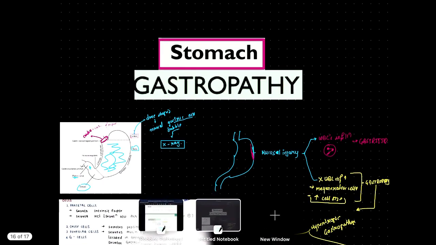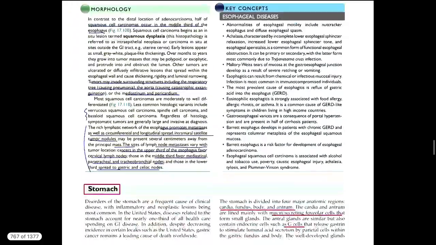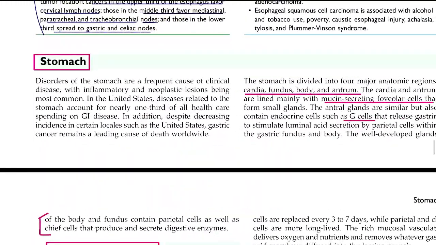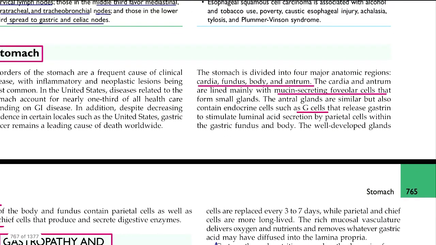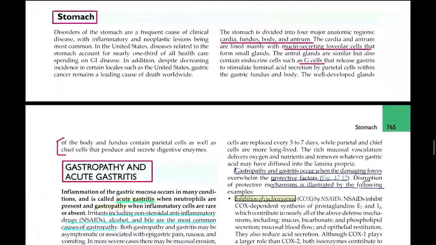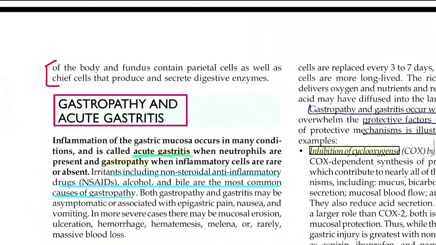Here we find a brief discussion about the stomach and the different parts of the stomach. It mentions mucin-secreting foveolar cells that form small glands, and the G cells that release gastrin. Now it mentions gastropathy.